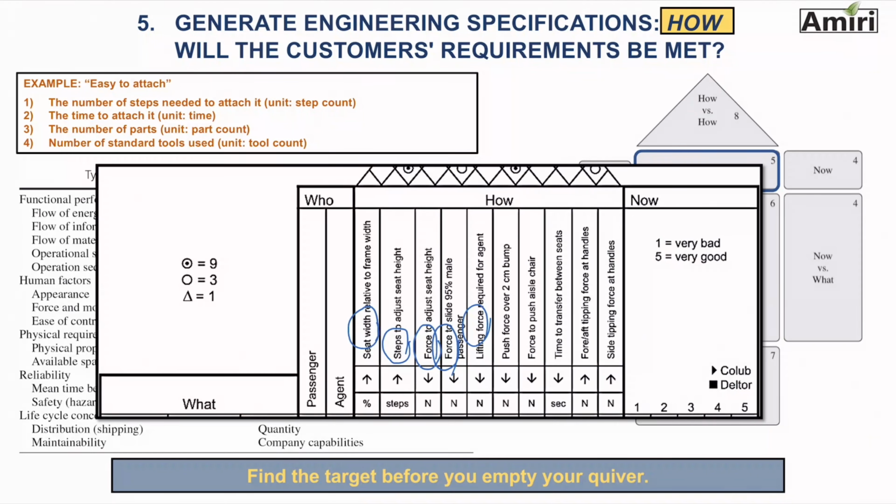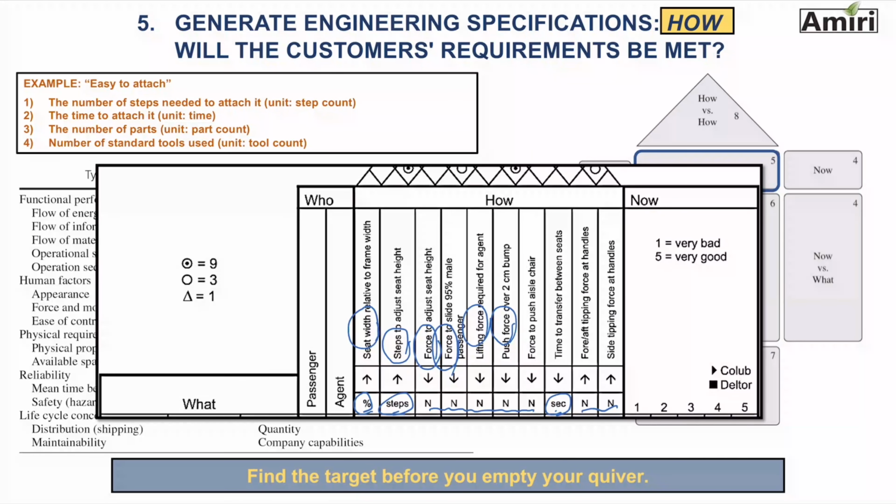Pay attention that everything is measurable. They all have a unit: number of steps, mostly newtons because a lot of them are forces, seconds, and so on. So they all have a measure.